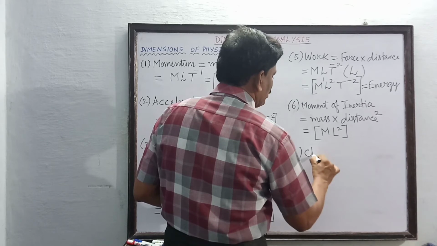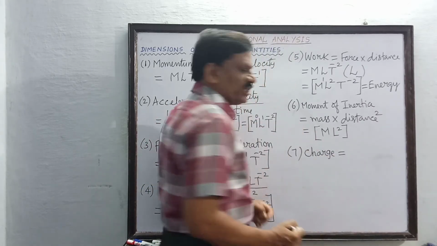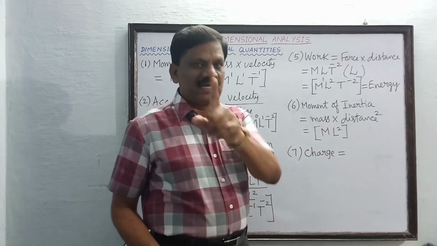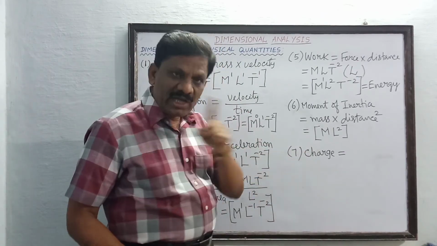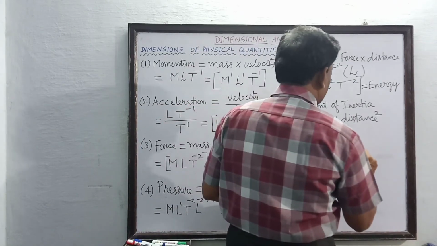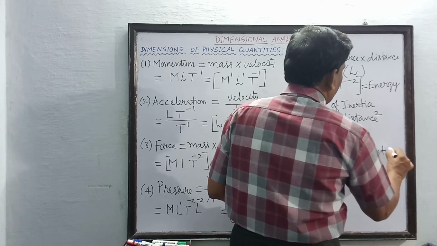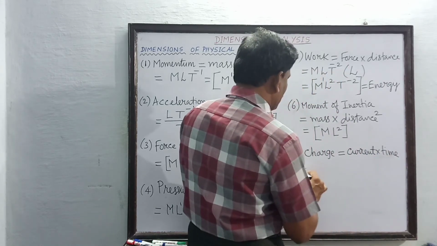Now one more quantity from electrical terminology I will take: electric charge. Charge divided by time is current. Therefore I can write charge is equal to current into time. So the product of current and time is called electric charge.